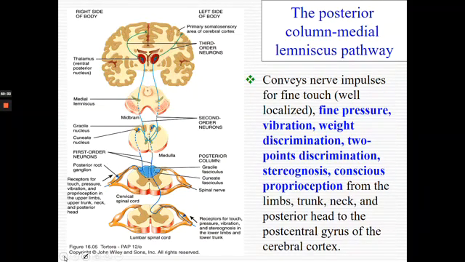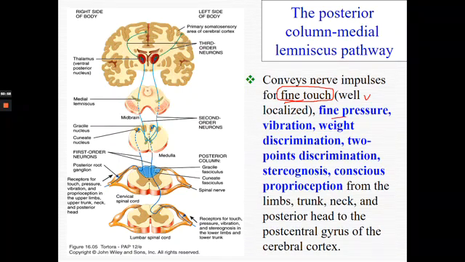for fine pressure. What do we mean by fine? By fine, we mean well localized. Exact localization is very important. And why exact localization here? Because it transmits its information through rapidly transmitting neurons.